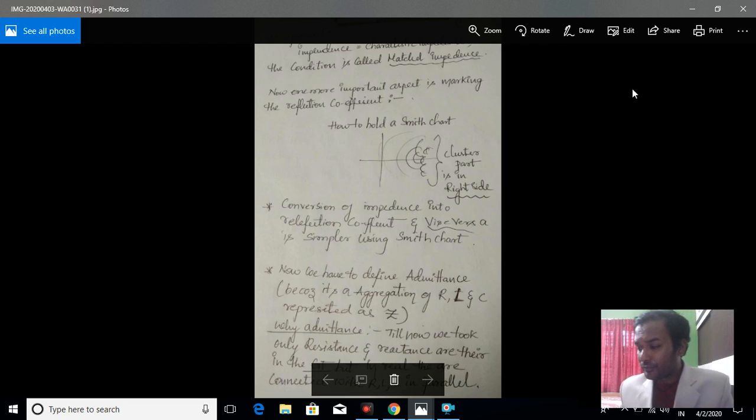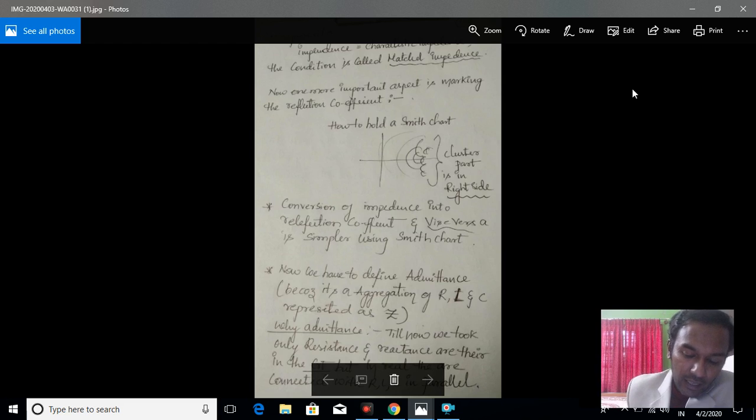So after that, it is worthwhile to see how the Smith chart gets modified in terms of admittance. Then conversion of impedance into admittance, and admittance into impedance, is a transformation that can also be solved using this method.